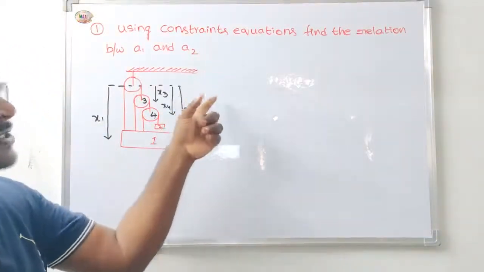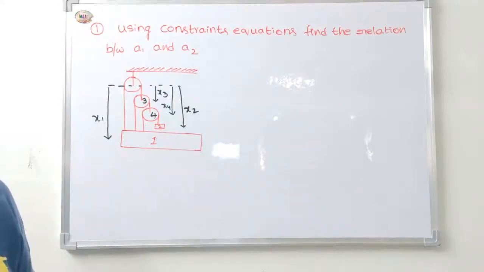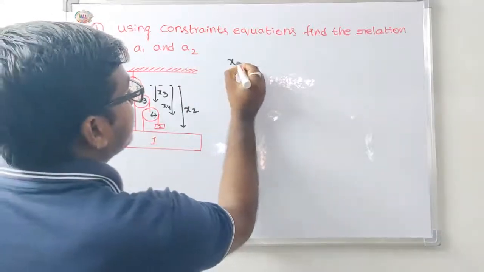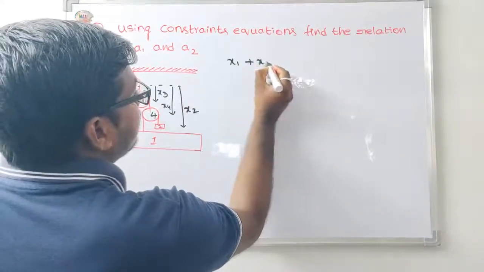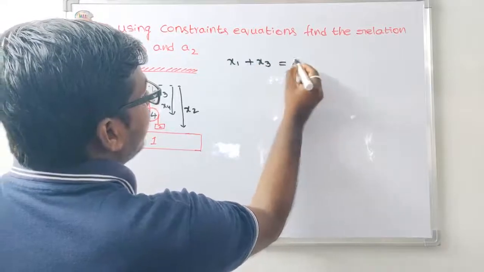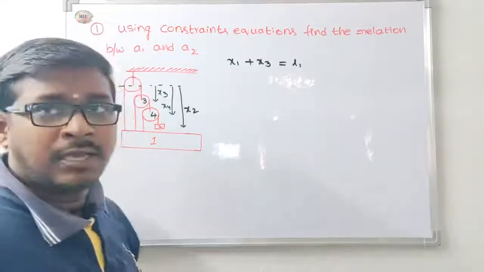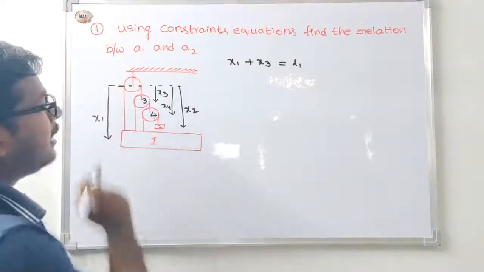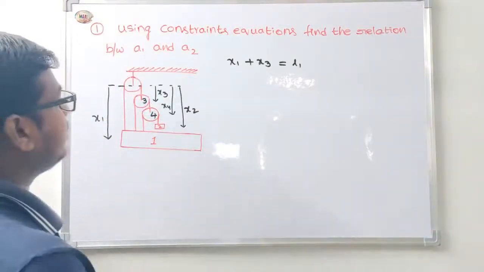By using constraint equations: x1 plus x3 is equal to L1, where L1 is the length of the string.